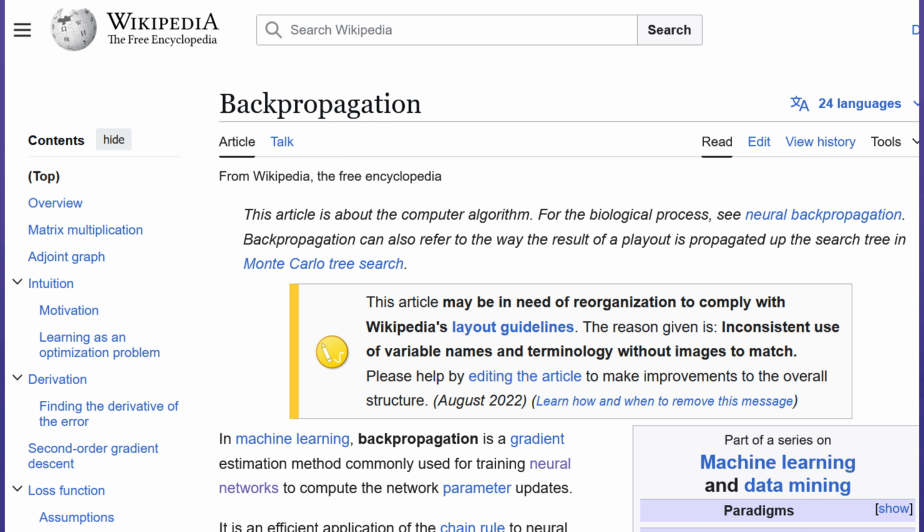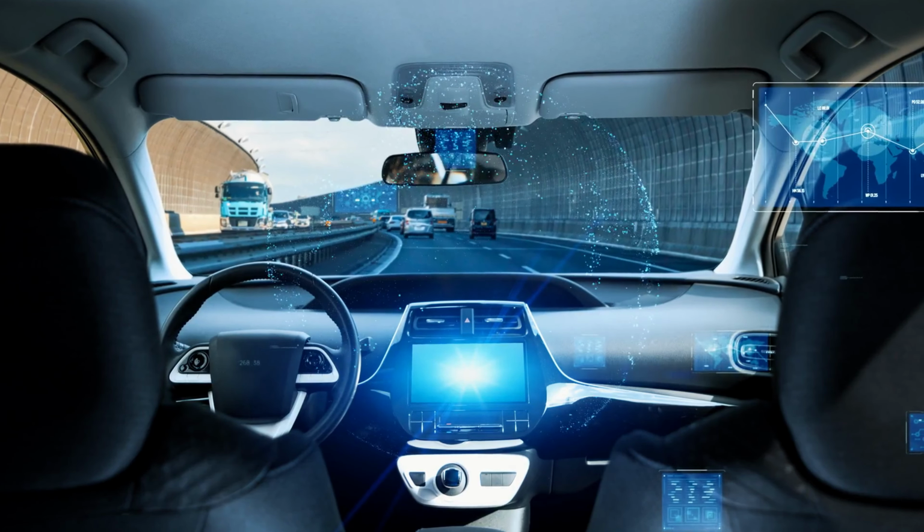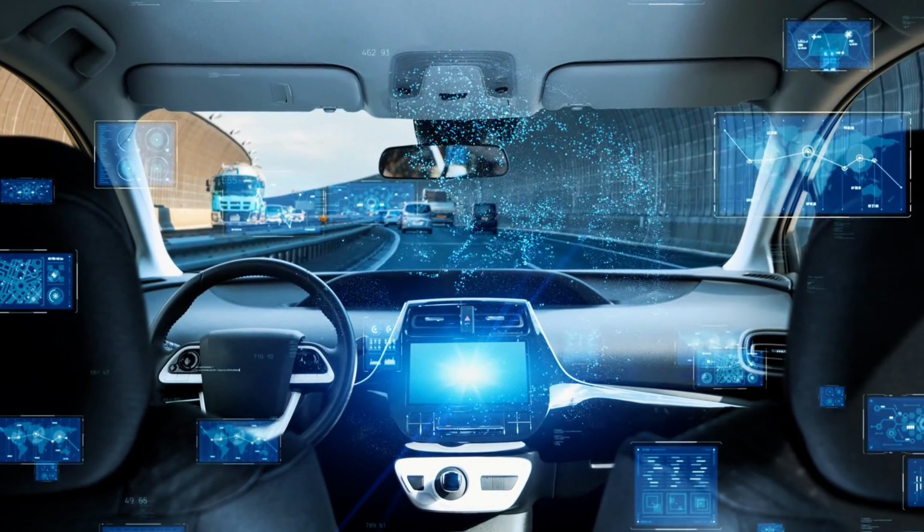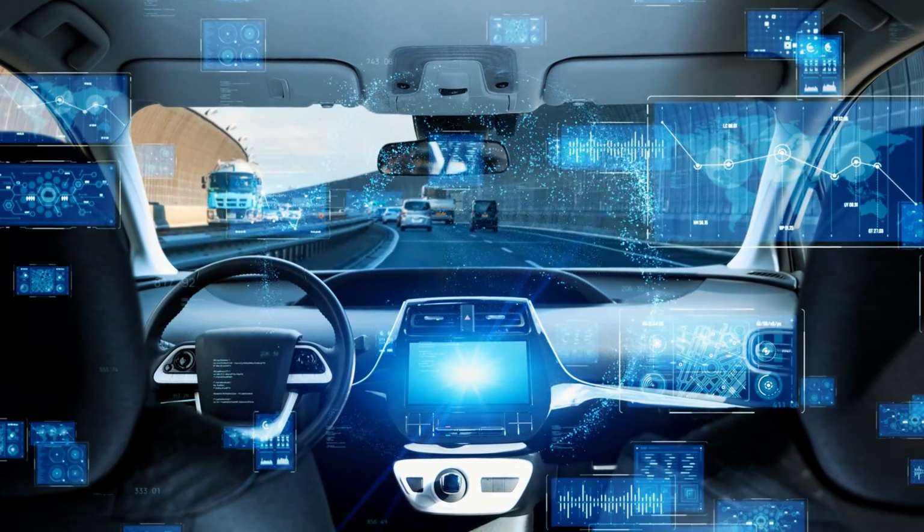But it wasn't until the 1980s that neural networks gained practical applications with the introduction of backpropagation, a key algorithm for training networks with multiple layers. Today, deep neural networks power much of the technology we use daily, from recommendation systems to self-driving cars to generating artificial images to making artificial movies.